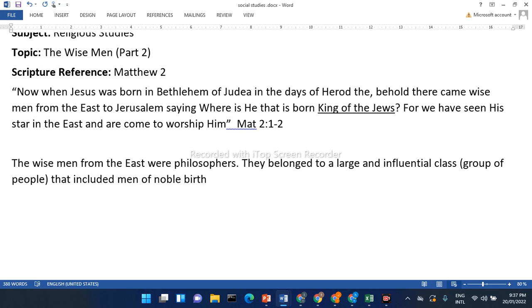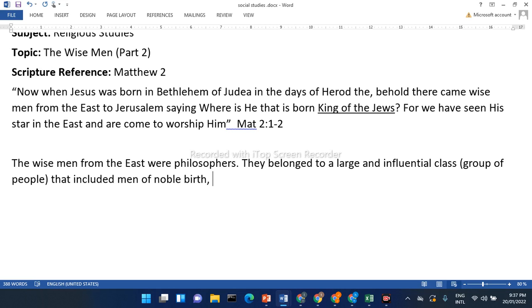So we're not talking about ordinary people, the run of the mill off the street. No, no, no. We're talking about the wise men from the east. These were philosophers. They belonged to a large group consisting of people who are very influential, and they were men of responsibility and noble birth. So not ordinary people.